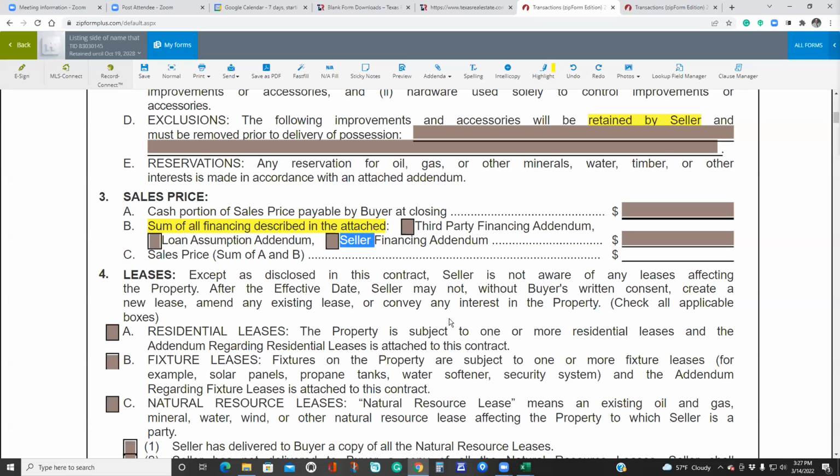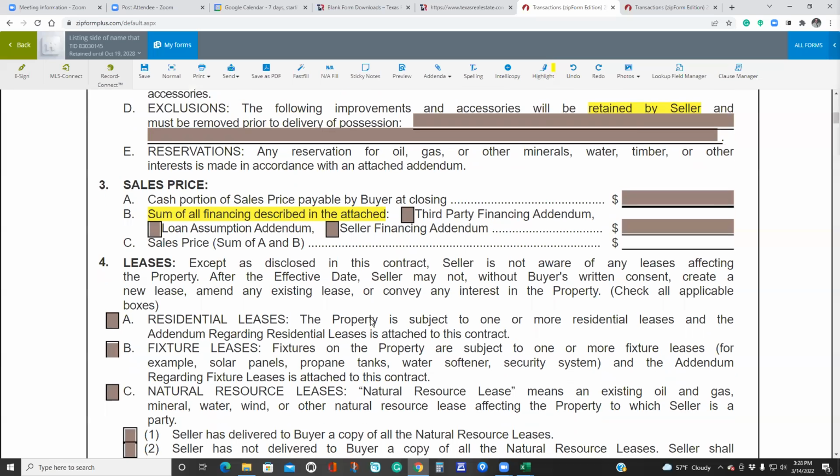We're talking about the percentage of the loan, right? 80 is a loan and maybe 15 with owner finance and 5% down. And that gets them their 20% so that they don't have the PMI. So is it possible to have 2 of them marked? Yes, you could have third party and seller finance marked at the same time. And again, I throw that out just because that's a question that comes up from time to time.